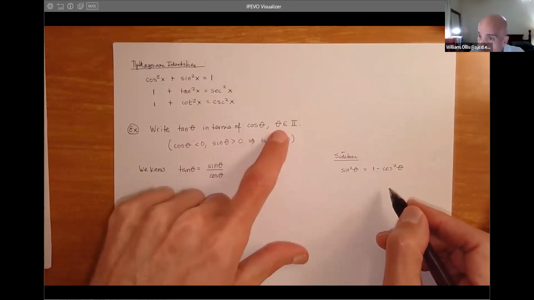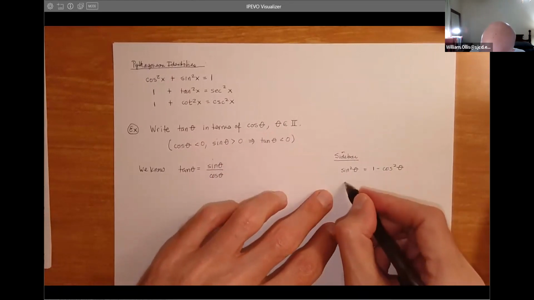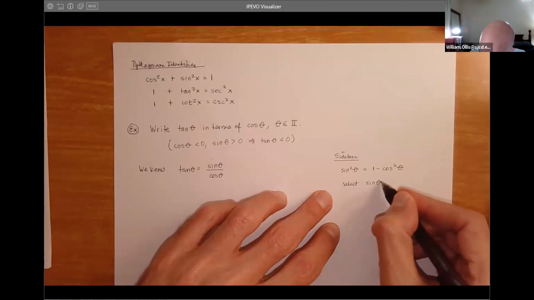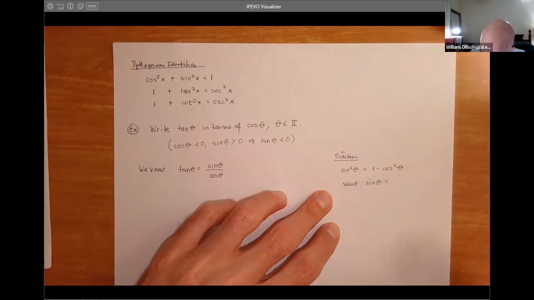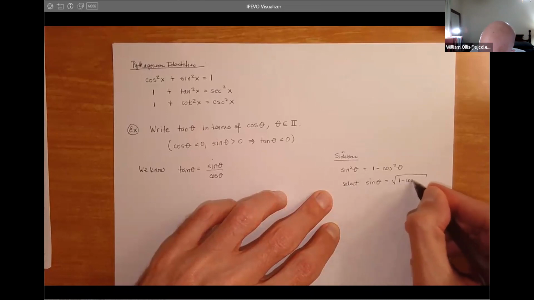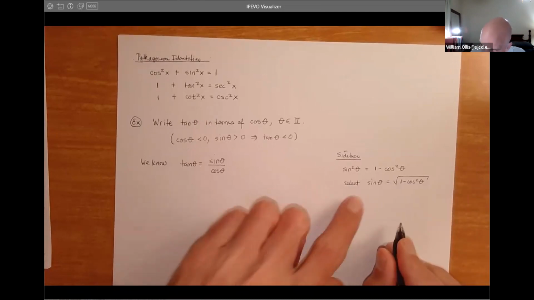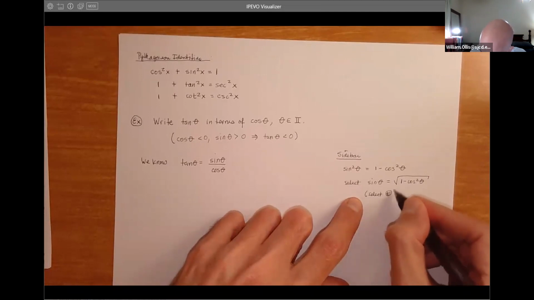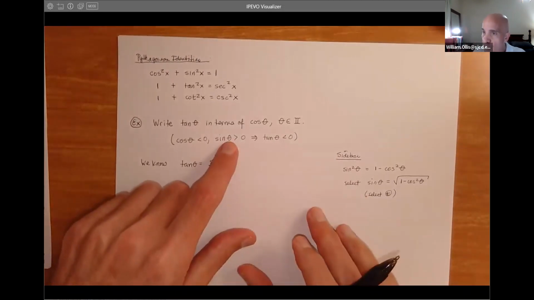Positive, because of the termination of theta in the second quadrant. So this means select sine theta equals the principal square root, that is the square root of 1 minus cosine squared. So we select the positive square root because of this convention.